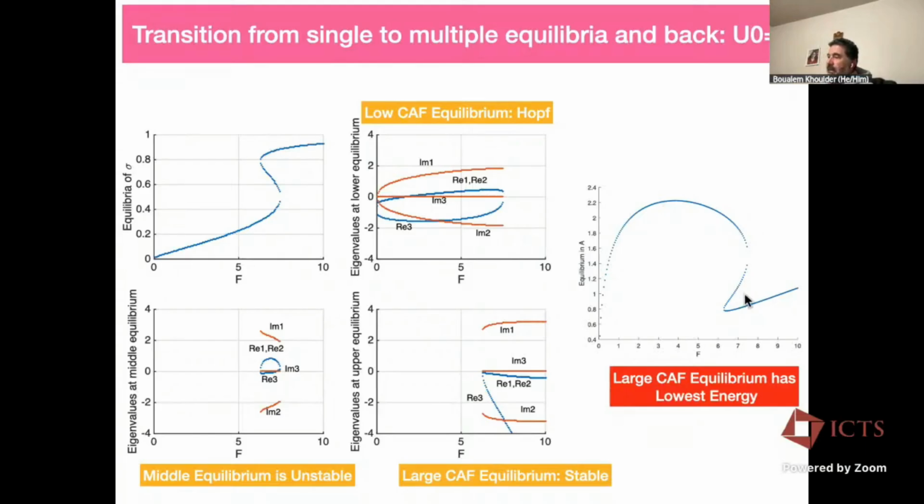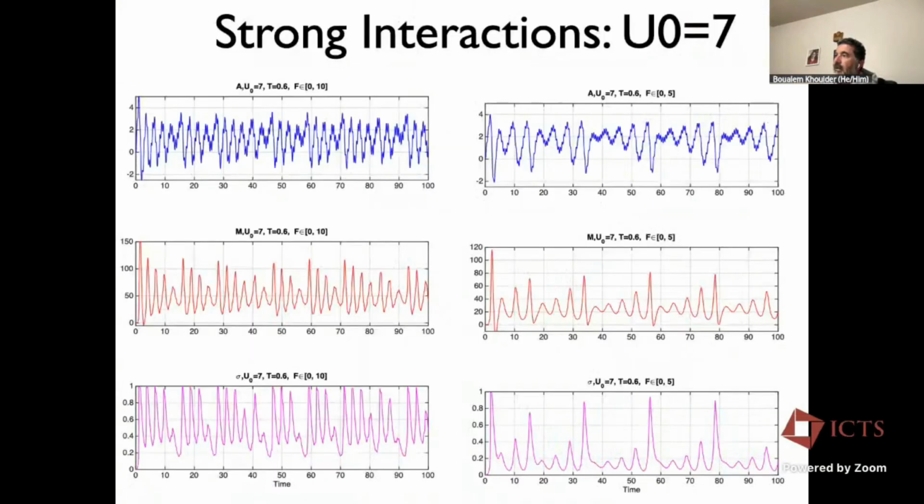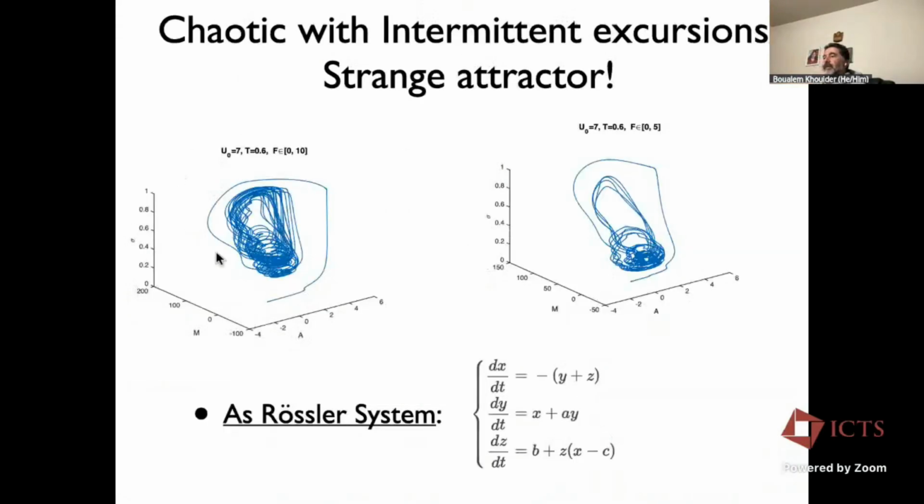You get this kind of hysteresis happening. And here, when you run the model, you get even chaotic behavior. These oscillations are very wild, not just the periodic oscillations from F. You get a chaotic system, like a strange attractor.